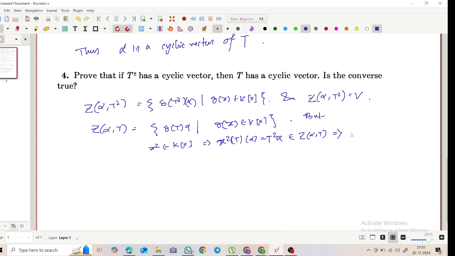This implies g(T) square alpha belongs to... what I am trying to say is that if T square alpha is here, then Z(alpha; T square) is a subset of Z(alpha; T), na?